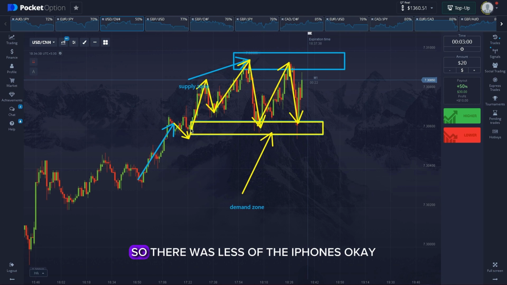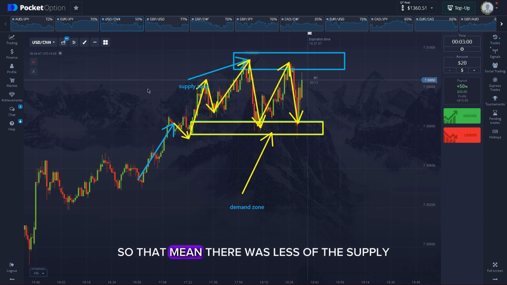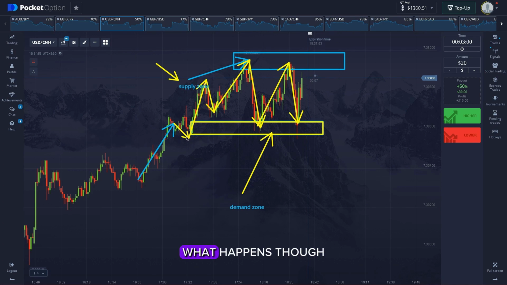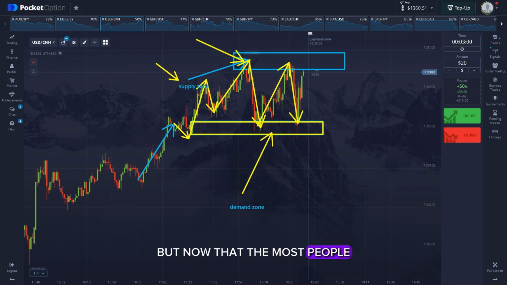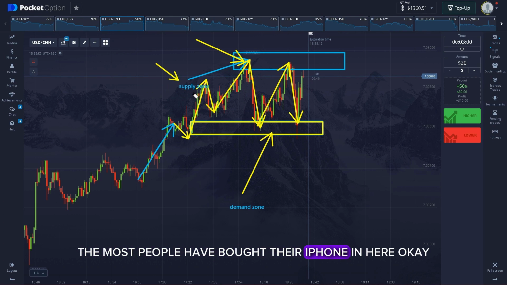So there were fewer iPhones, which means there was less supply, and when there is less supply, what happens? The price goes up. And now let's say the iPhone went to $1,100, but now that most people have bought their iPhone in this price range, the most people have bought their iPhone in here.